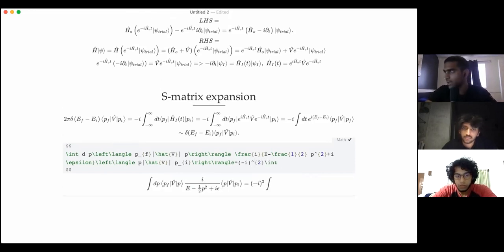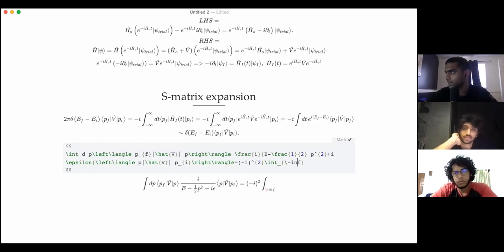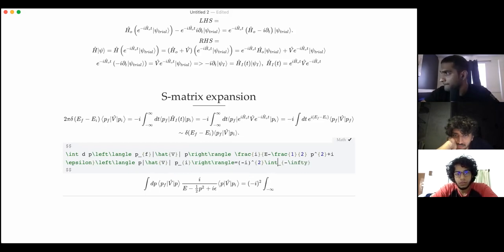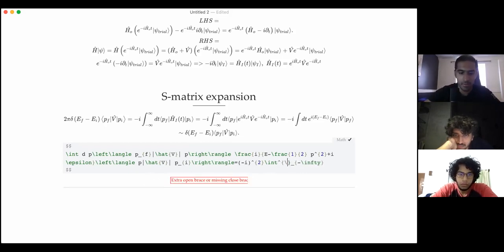And this is where we have to remember that our integrals are all ordered. So now we're going to the second order, and we're going to have to play a little bit with the order of the time integrals. So the first integral is from minus infinity to infinity.